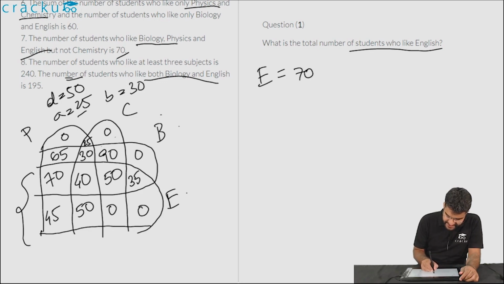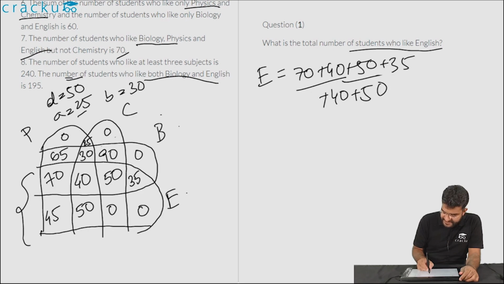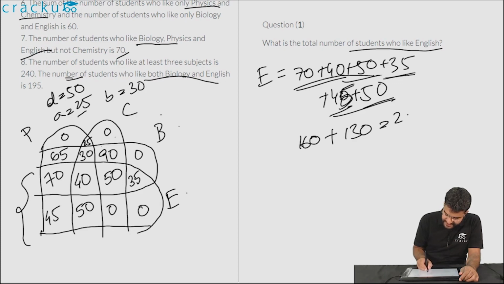So that will be 70 plus 40 plus 50 plus 35 plus 45 plus 50 plus 90. 70 plus 40 is 110, plus 50 is 160, plus 35 plus 45 is 80, plus 50 is 130. So this will be 290. So the correct answer is 290.